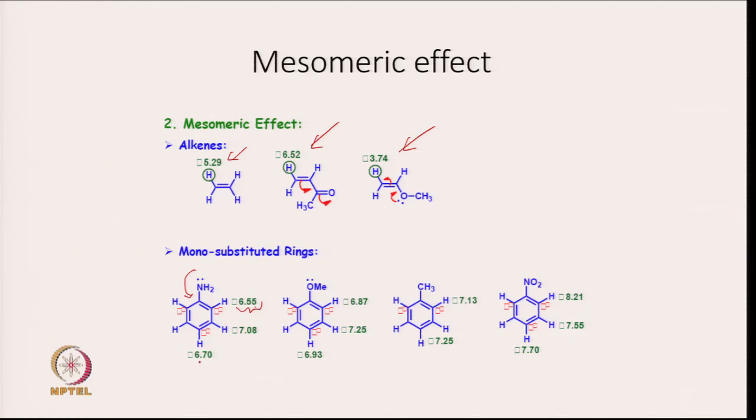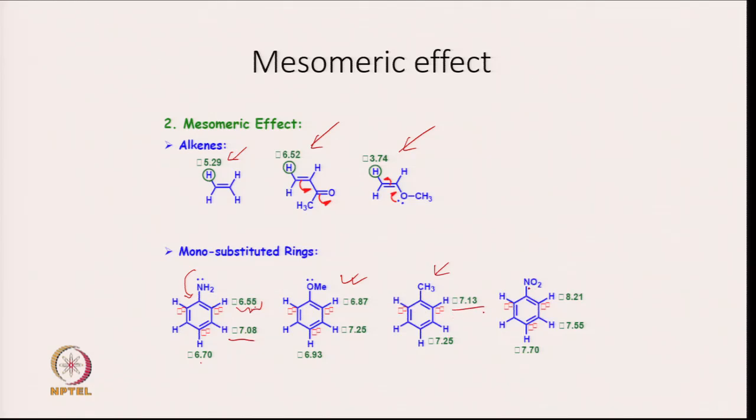And so, these two protons have a smaller chemical shift than the proton at the meta position. Same thing you can see when the substituent group is OMe or OCH3. If I have CH3, which is an electron donating group, you can see that if you compare between this and this, this value is higher.